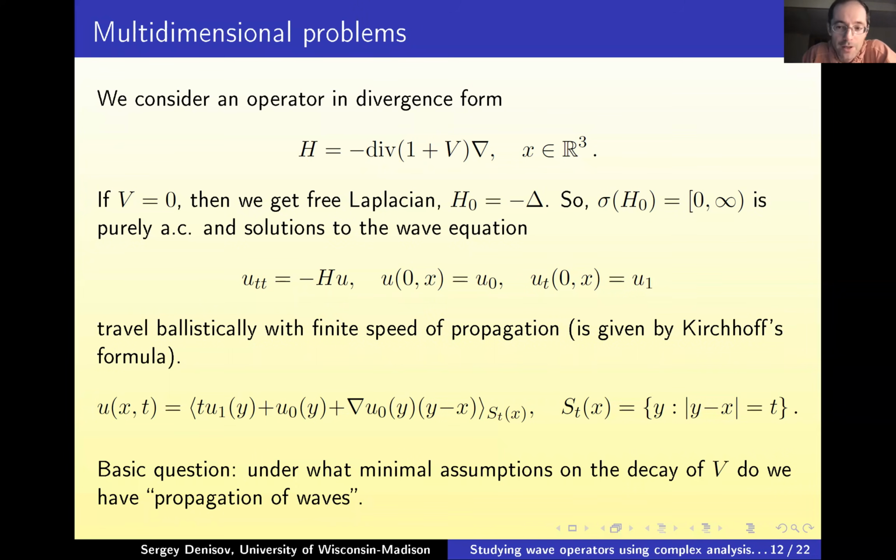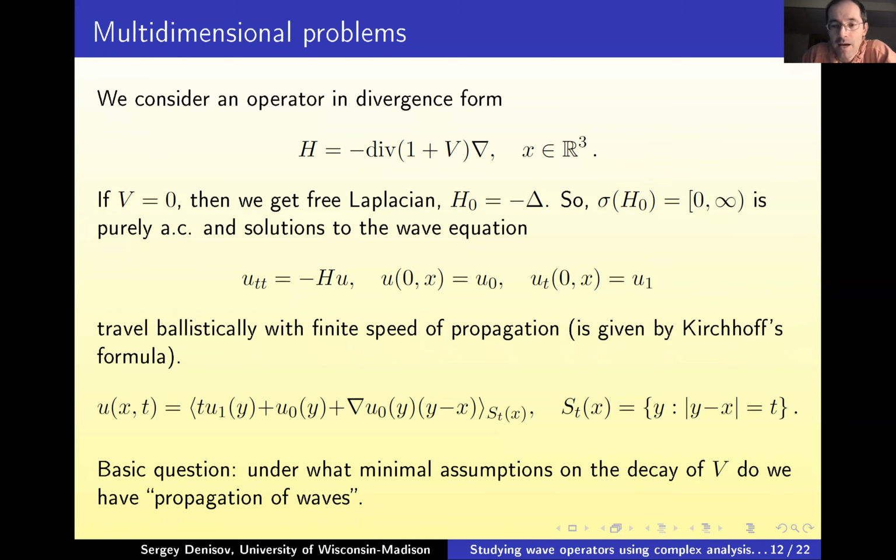So for the Laplacian defined on the whole space, we know everything. The spectrum is purely AC and it's sitting on the non-negative real line. It's purely AC, it has infinite multiplicity. And this infinite multiplicity is actually the key problem. It's a key difficulty for spectral analysis.